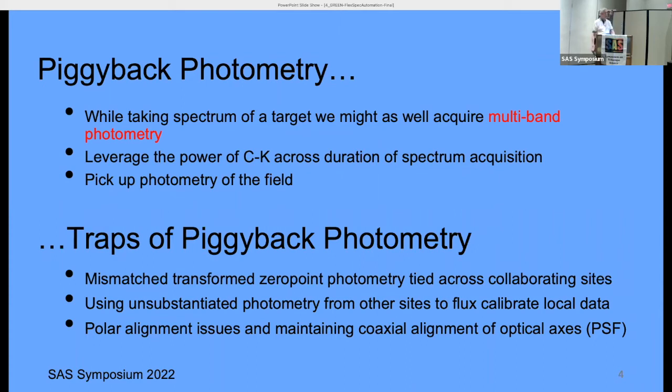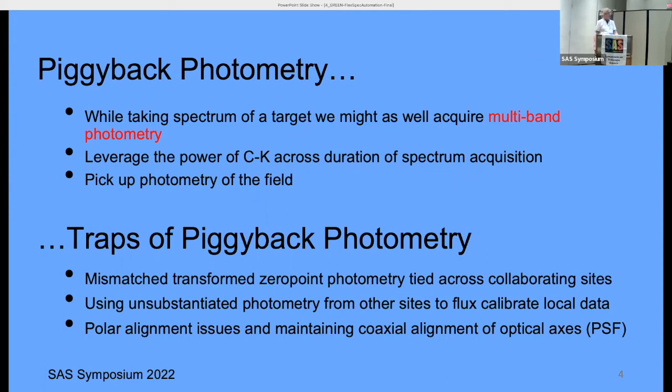One of the traps of piggyback photometry, and this is something that we've been talking among ourselves about while we've been here, with a number of people that we've had the opportunity to go to dinner with, is mismatched transform zero points. Basically, if you go to AAVSO, you see a lot of differential materials up there. You're not quite sure how they transform their data, and that's critical if you're transferring that information, say, from ADU counts into ergs per centimeter squared per second per hertz or angstroms, I guess you guys work with.